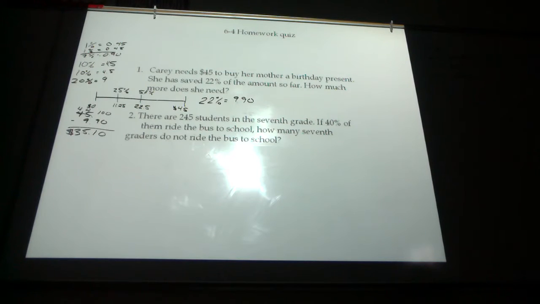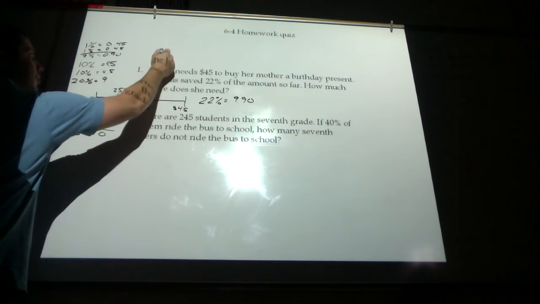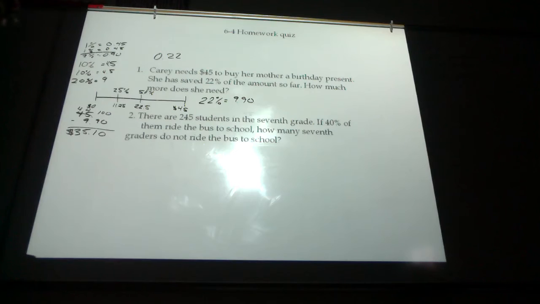Can someone tell me the method, if you have a calculator, what we should do? 0.22. Don't say percent, because that's a different number. 22 hundredths is 22%, which is different than 22 hundredths of a percent. Okay, good.